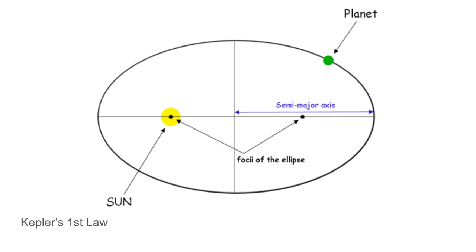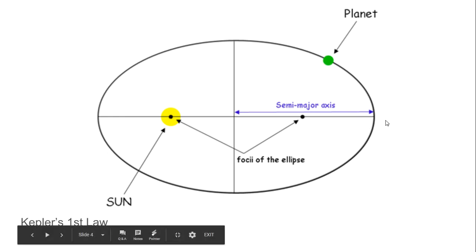An ellipse always has two foci, where a circle only has one, and that's, of course, where the radius that defines the distance between the radius and the outside of the circle. The ellipse has two foci, and the sun will sit at one of the foci, and the other focus will typically remain empty. So, of course, the planet is orbiting along the path of the ellipse around these foci, but the sun being at one of them.